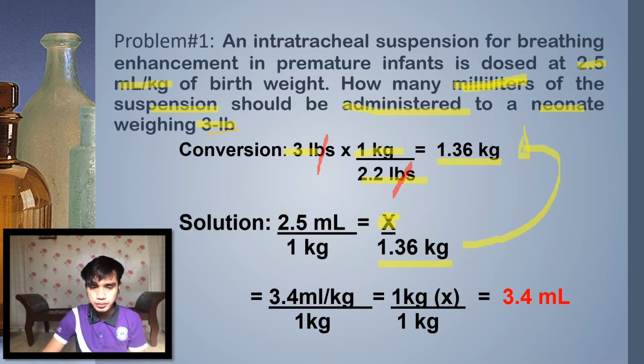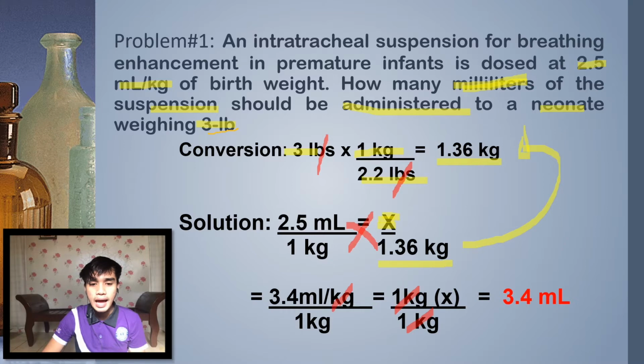Next, always remember the rule in ratio and proportion is cross multiplication. So cross multiply these values. So x multiplied by 1 kilogram, that would be 1 kilogram times x, and 2.5 multiplied by 1.36 kilogram, that would be equal to 3.4 ml over 1 kilogram. So, both sides will be divided by 1 kilogram in order for us to cancel this kilogram.